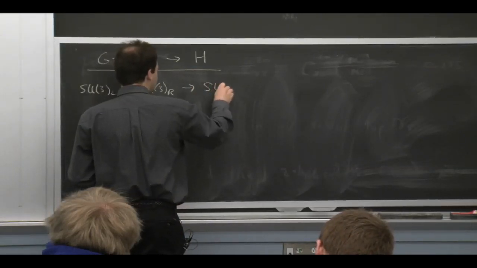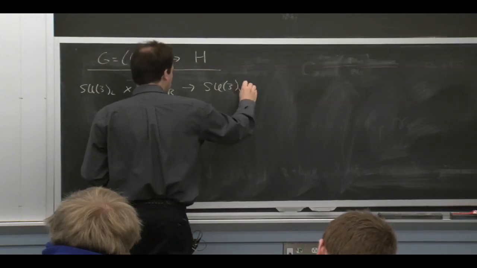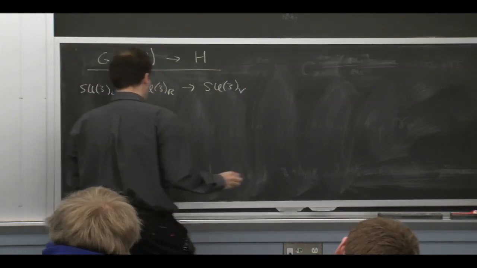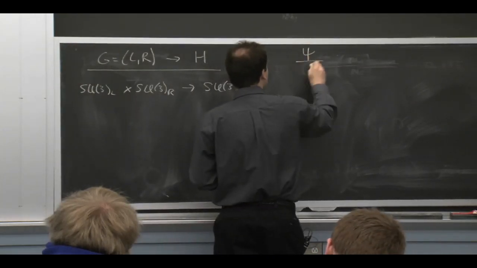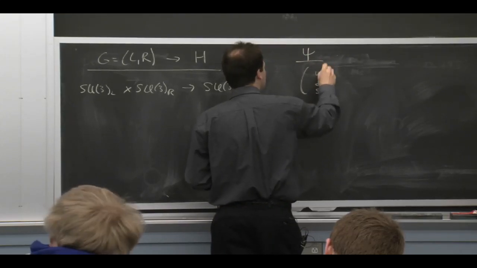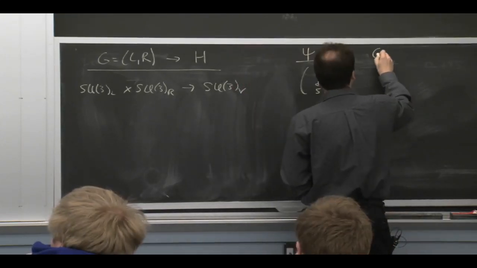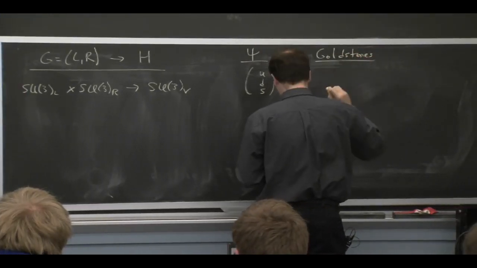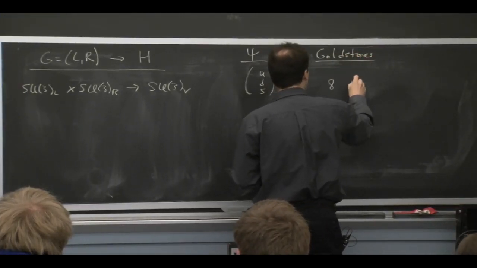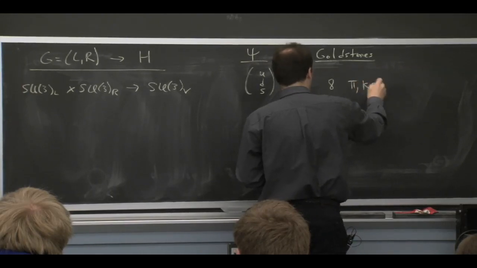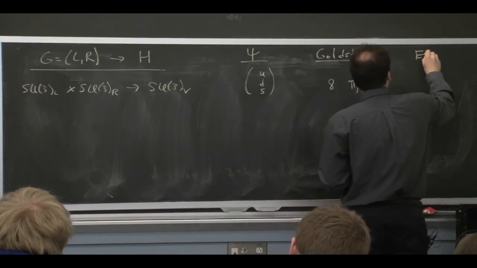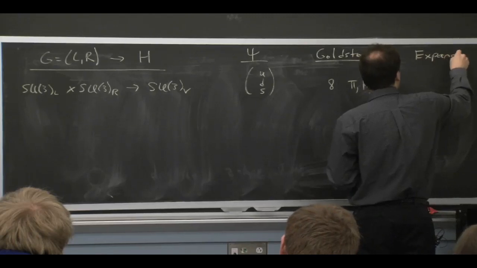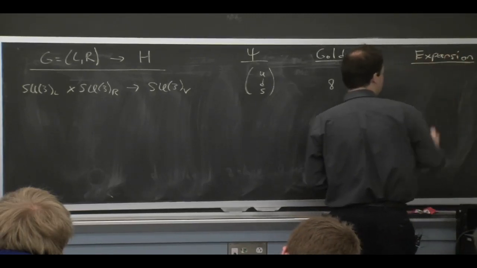And in QCD, that's broken to the vector subgroup. So in this case, the psi would be UDS. And you get Goldstone bosons from that. And there's 8 of them. And that's the pions, the kaon, and the eta. And the key thing from our perspective is what is the expansion parameter?